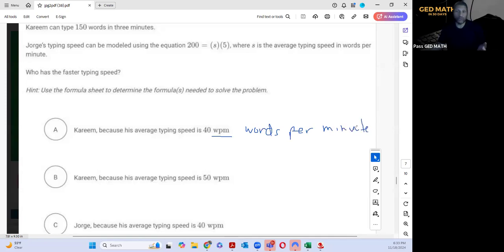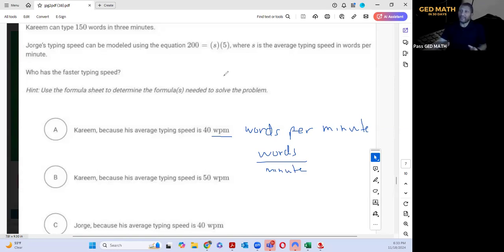Well, guess what? That's unit rate. Unit is 1. So how many words for each minute? Words is going to be your numerator. Per means division, because I told you that the prefix per means division or out of. Words divided by.